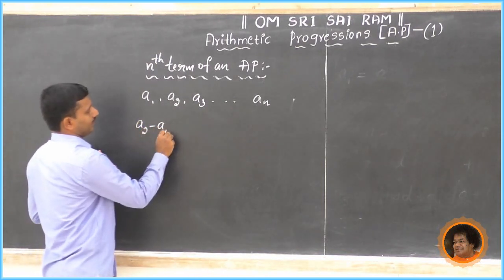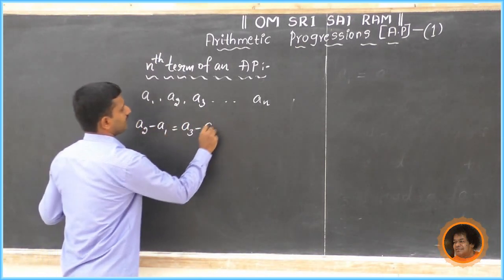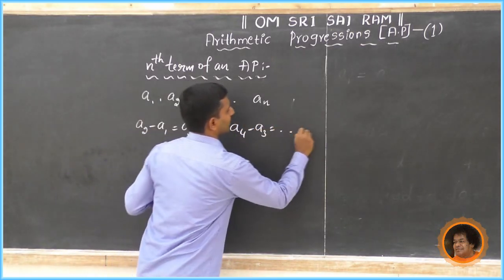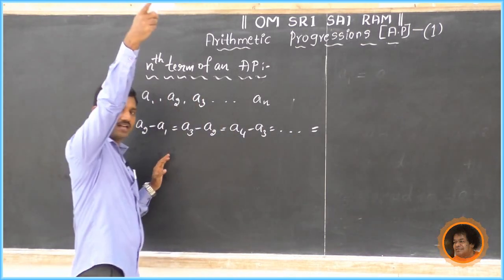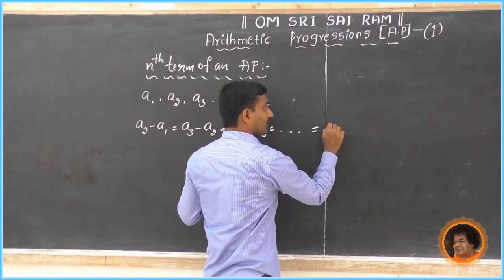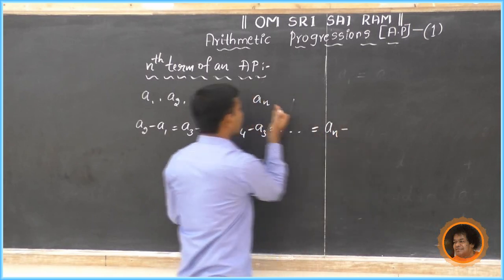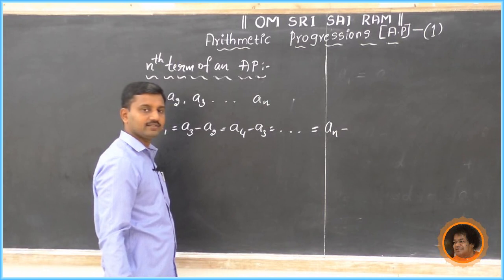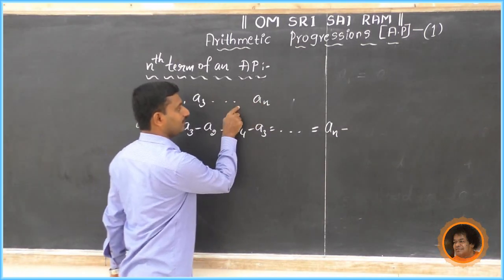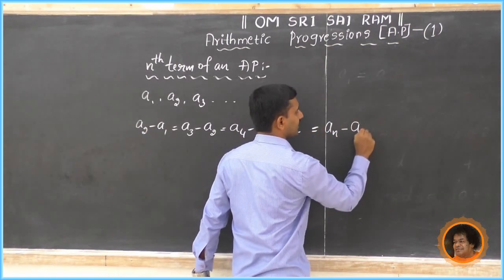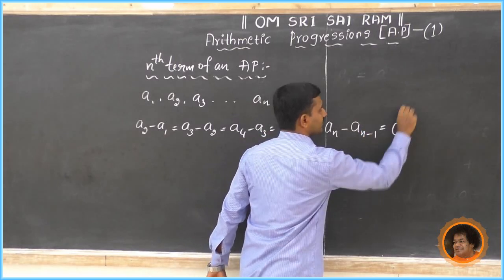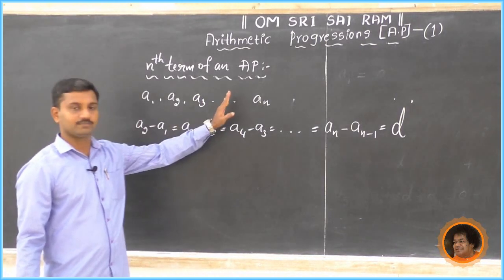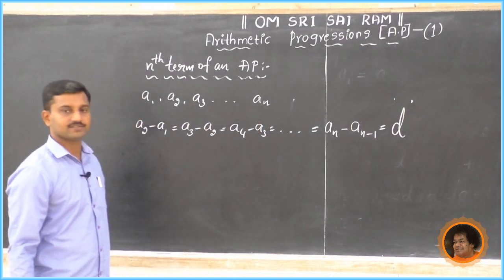A2 minus A1 equal to A3 minus A2 equal to A4 minus A3, and so on. What is the last term? Last term is AN. Just think, what is the preceding term of AN? Preceding term of AN is AN minus 1. So AN minus AN minus 1 is equal to D. So this is the common difference. A is the first term and D is the common difference.